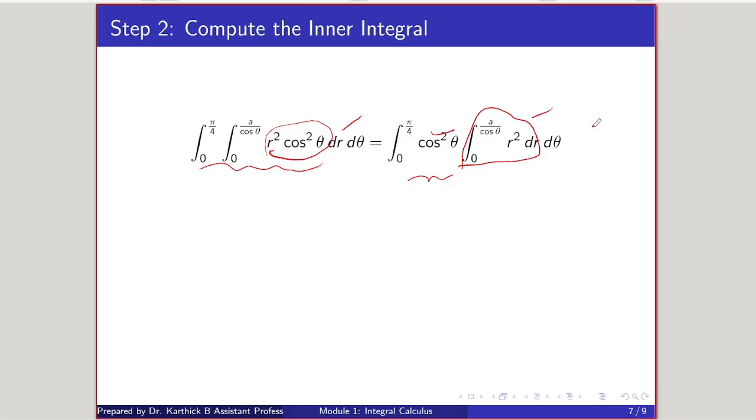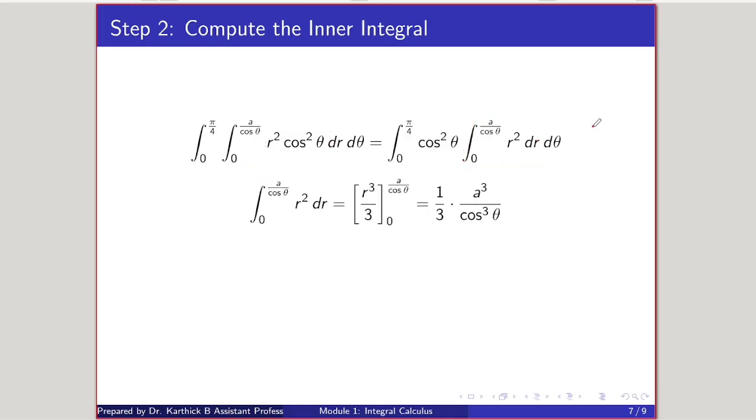So here I am taking the inner integral of r square. If I integrate r square with respect to r, it will be r cube by 3. Then if I substitute the limits, 1 by 3 will be a constant, and r cube, if I substitute the upper limit, will be a cube by cos cube theta. So now I have evaluated this part alone.